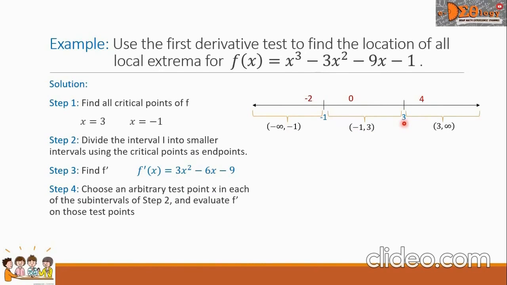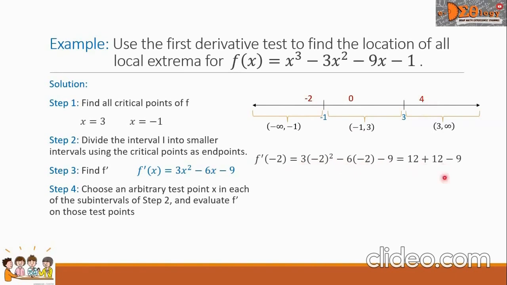Now, let us evaluate the f prime, or the derivative, on those test points. Let's start with -2. So we have f prime of -2 is equal to 3 times the square of -2 minus 6 times -2 minus 9. The square of -2 is +4. 4 times 3 is equal to 12. -6 times -2 is +12.